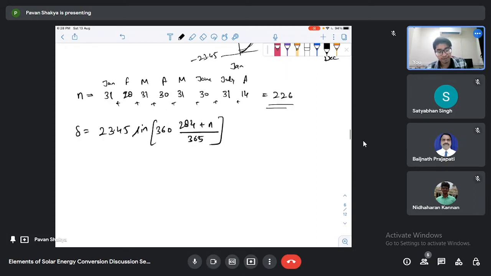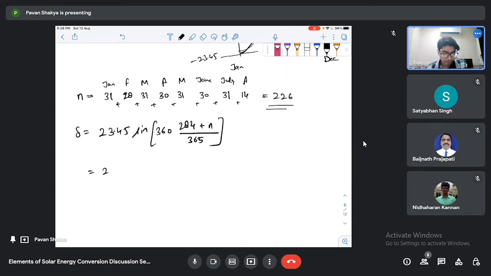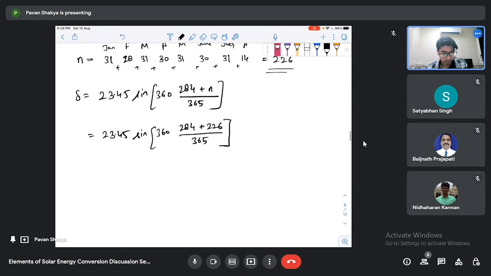If we put in this n value and solve this, we will find that the declination angle comes out to be 14.108 degrees.